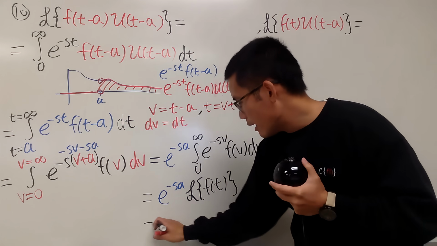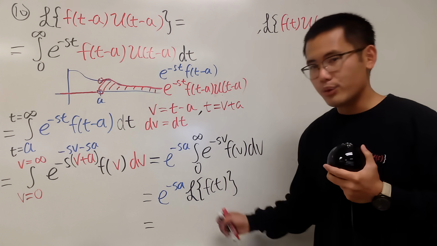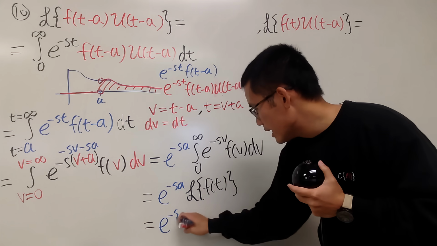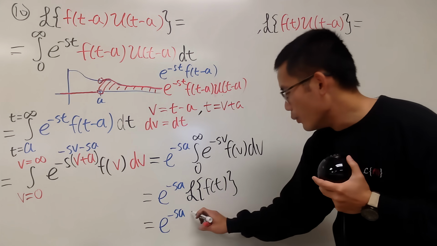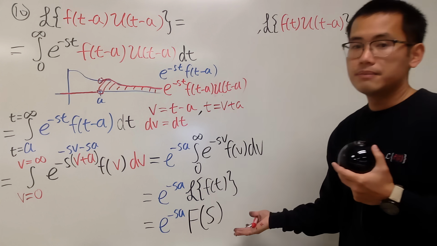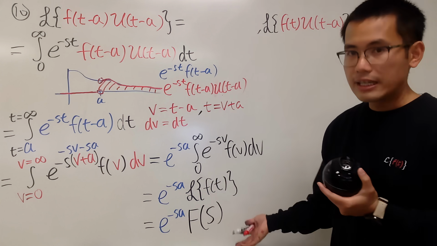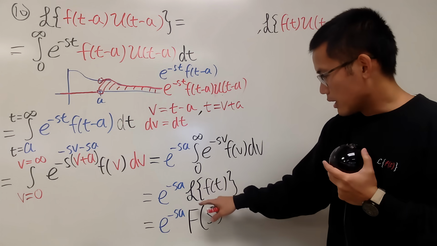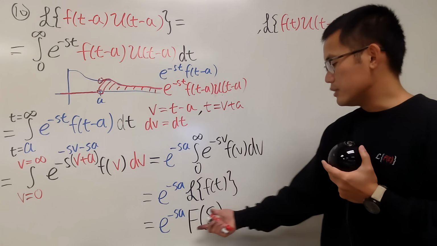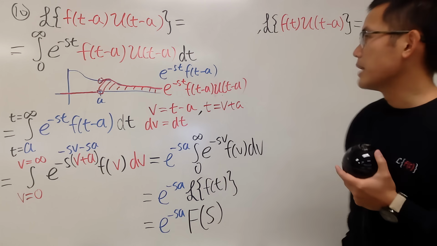And now, I just recall that I haven't written this down for you guys. Usually, we can write this down, yeah? It's e to the negative sa. And this right here, we can put as capital F of s, like this, right? So this and that, just a standard notation. The output of the Laplace transform of f of t is just F of s, right? So you can just keep that in mind.